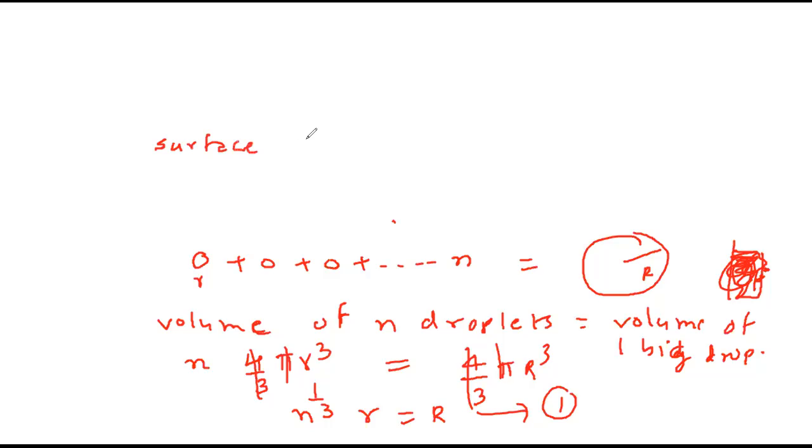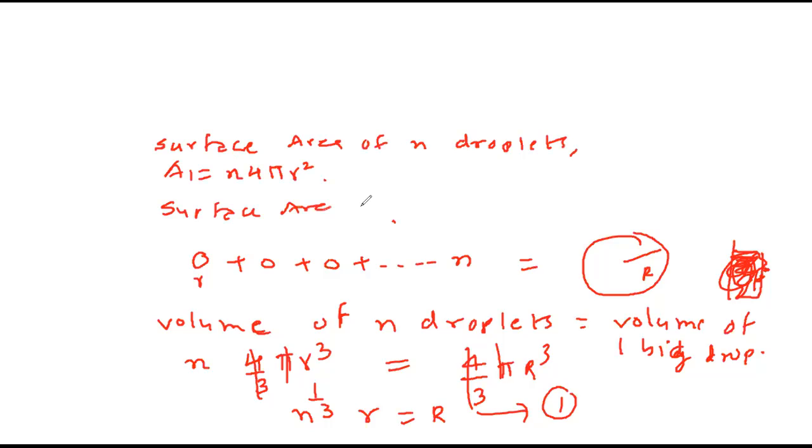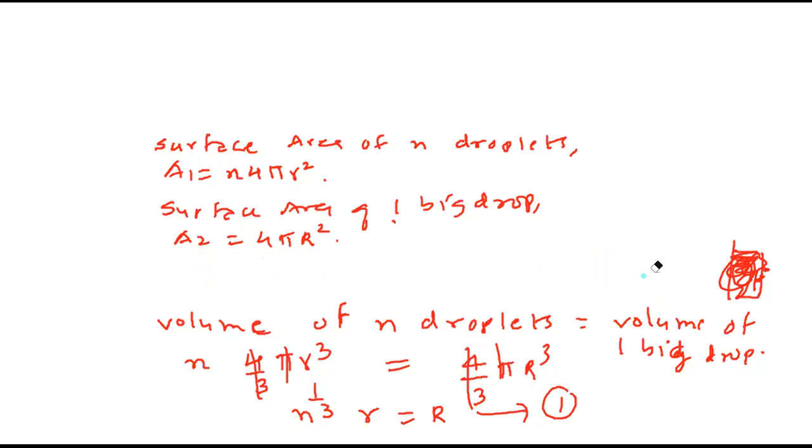Surface area of n droplets, A1 equals n into 4 pi r square. Surface area of one big drop, A2 equals 4 pi capital R square. Surface area of sphere is 4 pi r square. So I got surface area of all the n droplets and surface area of one big drop.